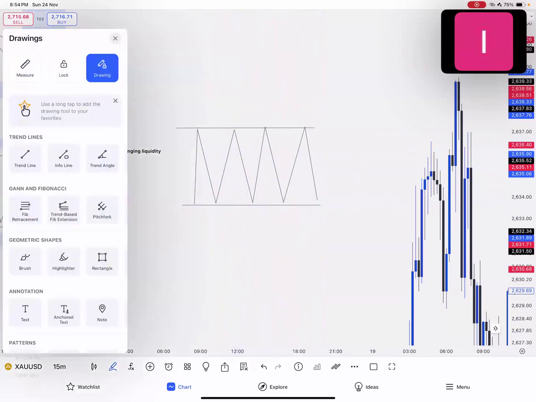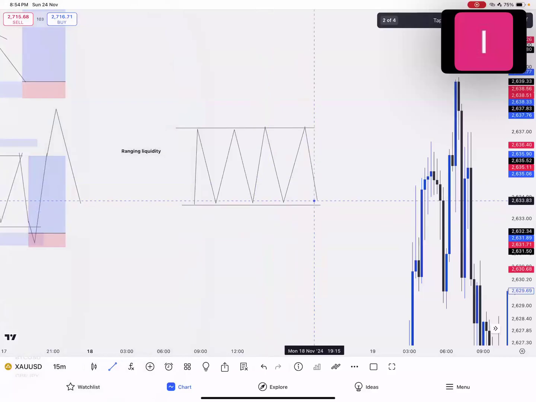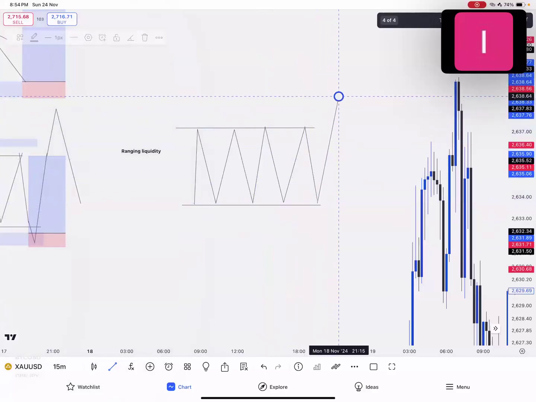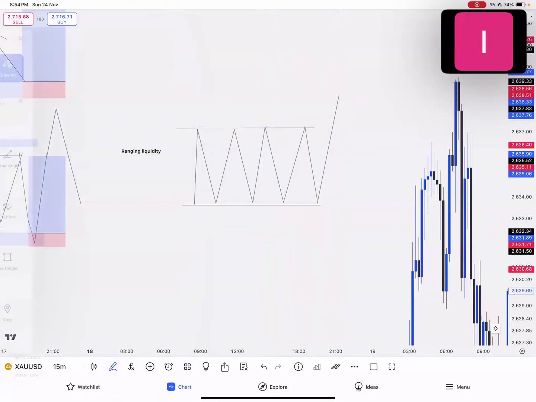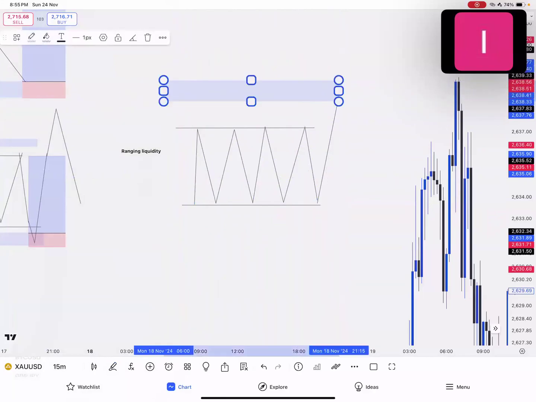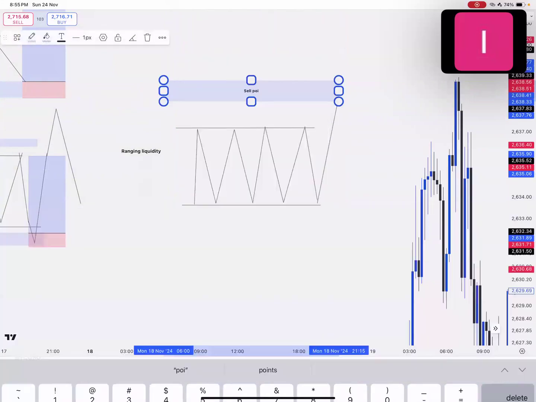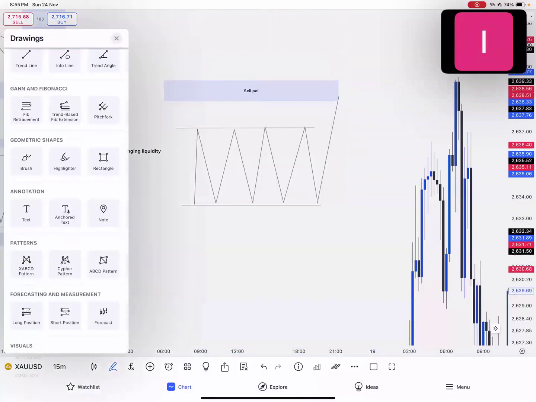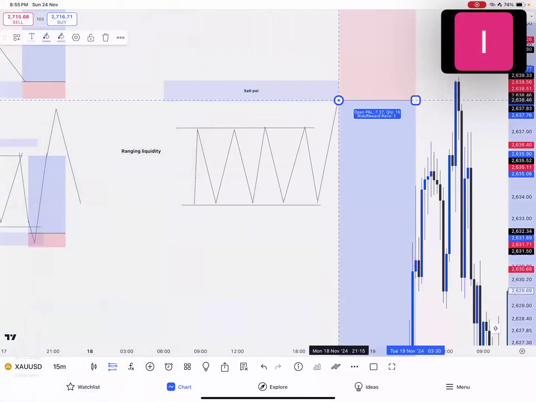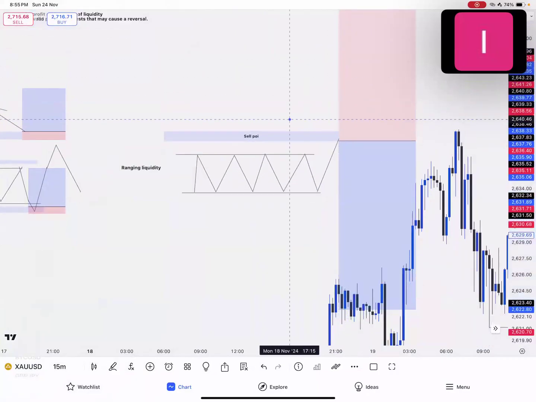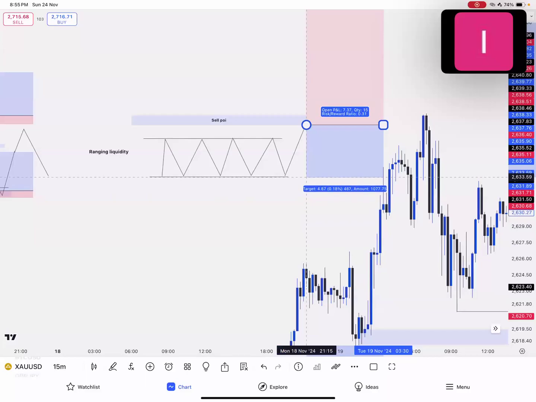Let's say, for example, your sell point of interest is there. If this is your sell POI, and the market triggers that sell POI, the take profit should be to clear the liquidity on the other side of the range here.